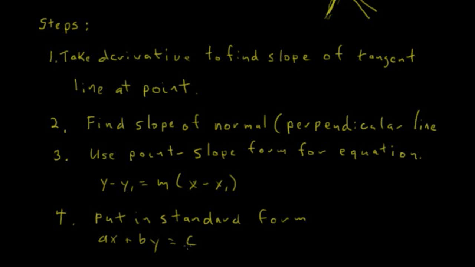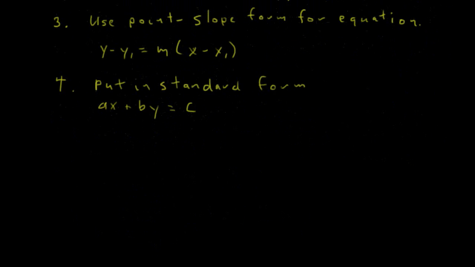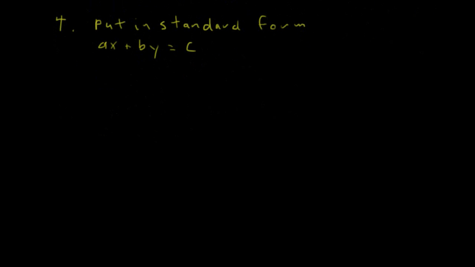I hope you remember that it's y minus y1 equals m times x minus x1. And then we'll put it in standard form, ax plus by equals c, because on the AP exam it will probably ask you to put this equation in standard form.